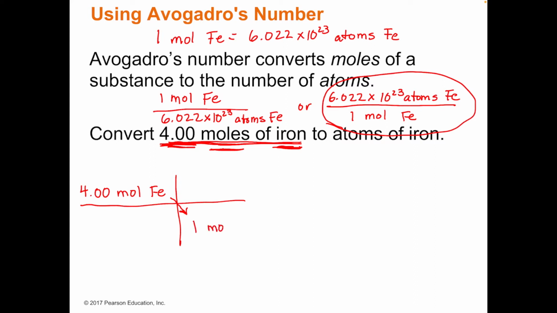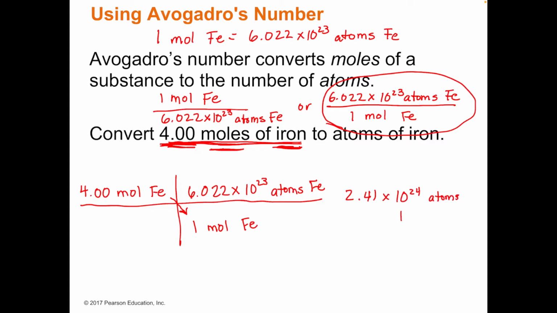So we'll have 1 mole of iron on the bottom, and that means 6.022 times 10 to the 23rd atoms of iron will go on the top. Now we can multiply the top, divide the bottom, and we get 2.41 times 10 to the 24th atoms of iron, and that whole thing is our answer.